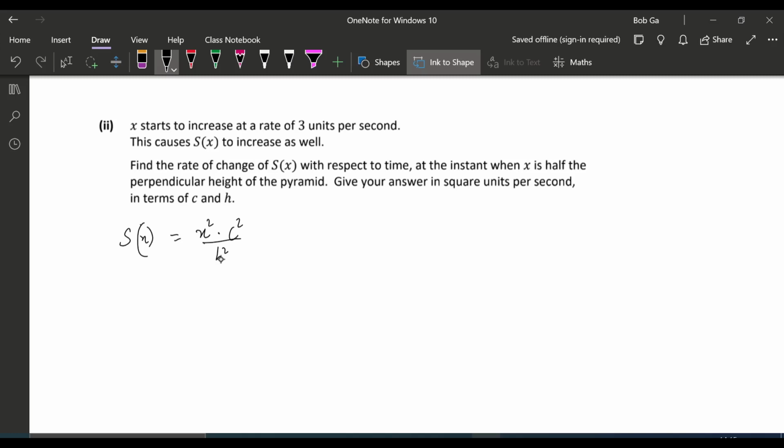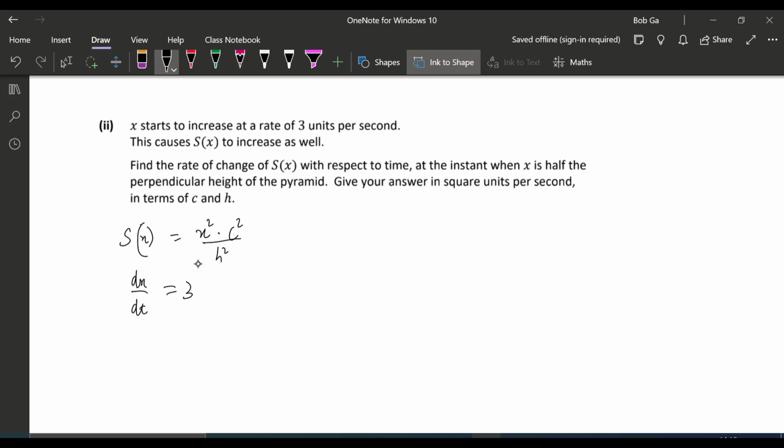Okay, because the area is the square of the distance x from the apex of the inside of the pyramid. And we know that x increases at the rate of 3 units per second, that's what we've been given. So the rate of change of x with respect to time, dx over dt, that's how we denote that, of course, is equal to 3.